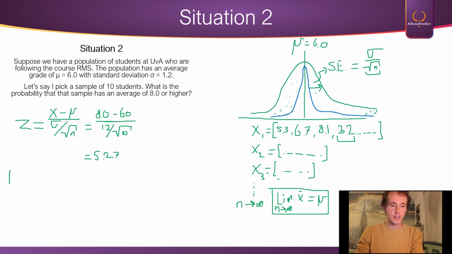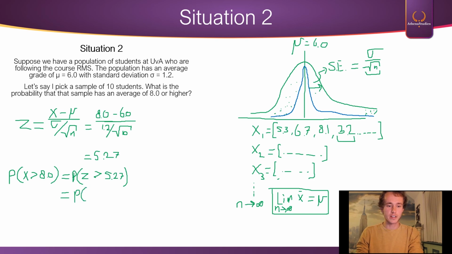So once again, I can now calculate the probability that I find an x value which is bigger than 8.0, which is in this case the probability that I find a z value that is higher than 5.27, and you can go to the z table, because once again we can either calculate this by using the symmetry of the normal distribution or by doing it like this.